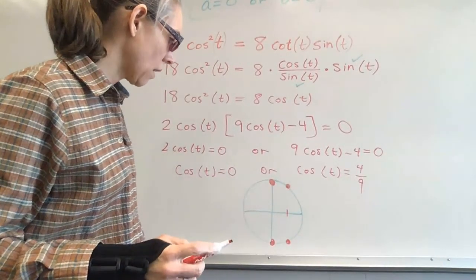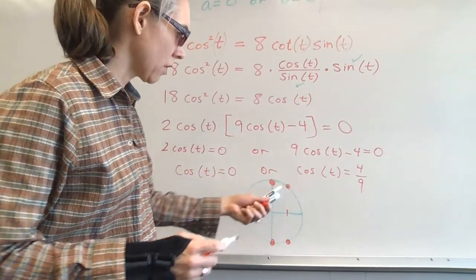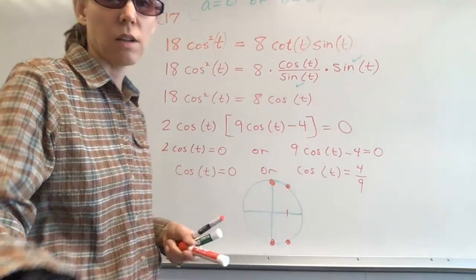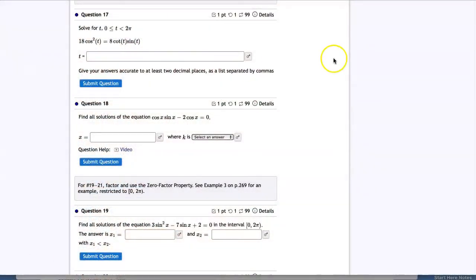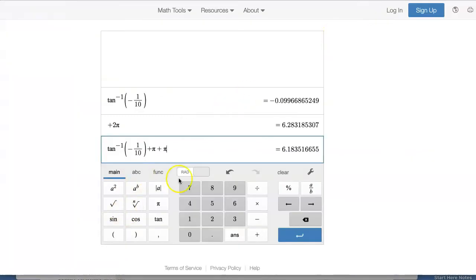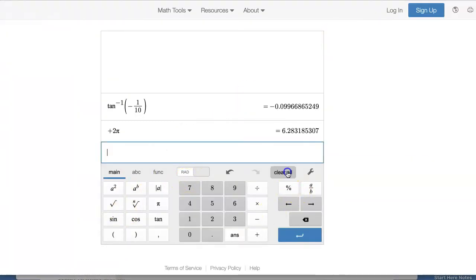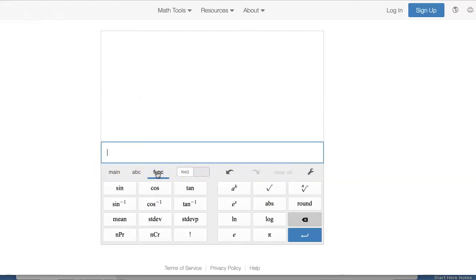So this first value right here, though, we can find using the graphing calculator or the scientific calculator. So let's go back over here to the scientific calculator, clear all this. We're in radians still. And we want to use the inverse function of cosine inverse on 4 over 9. And when we do that, we end up with a radian value of 1.11.